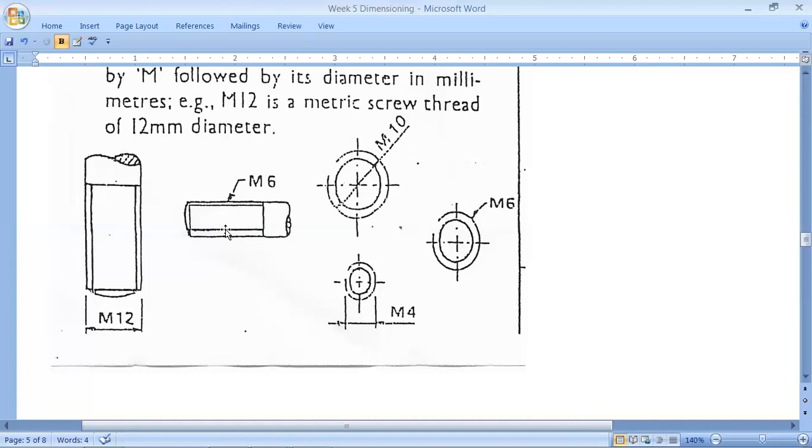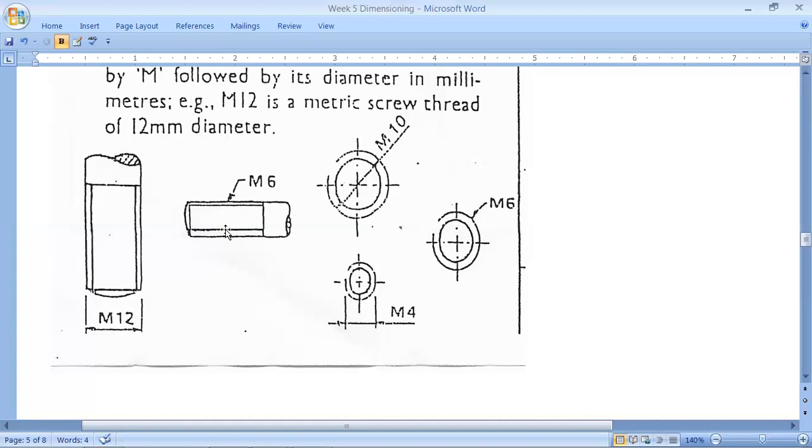The pitch, that is the distance between one crest or one thread to another thread, will be in millimeters. Depending on the diameter of the screw, we're going to have a standard pitch for each diameter of the screw or the bolt in the metric system.